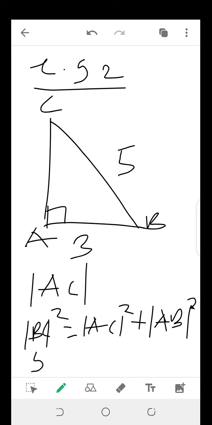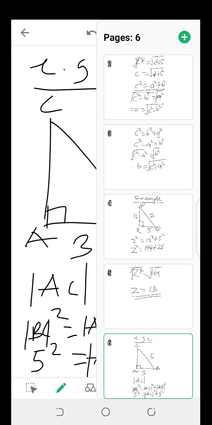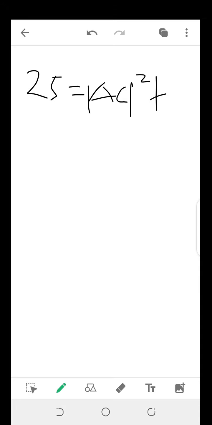BC is 5, so 5 square is equal to AC square, because AC has not been provided and we are looking for it, plus AB, which is 3, so put 3 square there. 5 square gives us 25, so 25 is equal to AC square plus 3 square, which gives us 9.